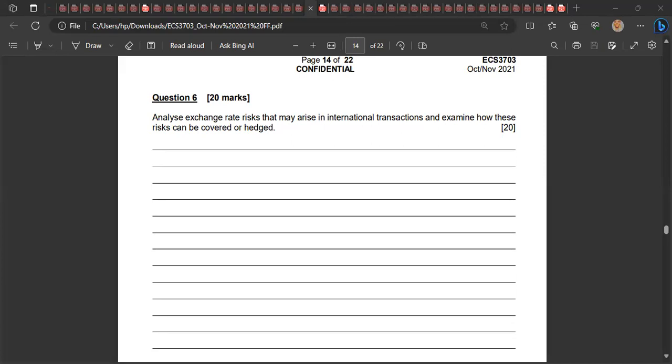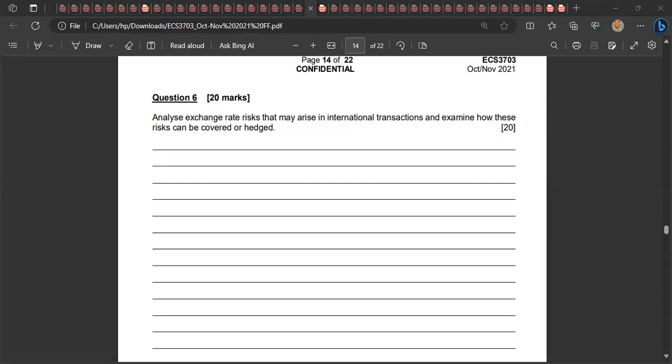Generally speaking, whenever we talk of transaction risks, we are referring to a situation where a company has got into a contract, and that contract is arrived at on a certain date, but the settlement date is a different date.